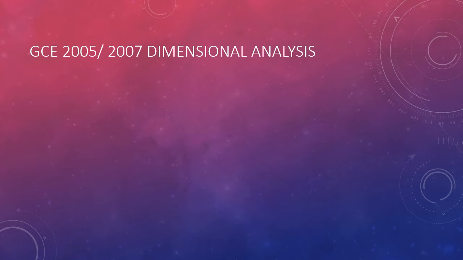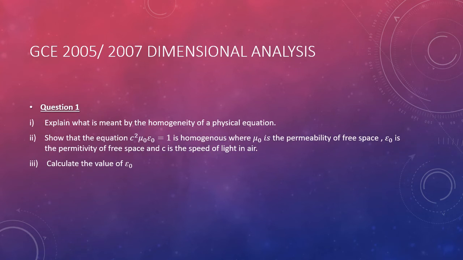Now, let's target this one, GCE 2005, 2007, where we're going to focus on dimensional analysis. The question says: one, explain what is meant by homogeneity of a physical equation.